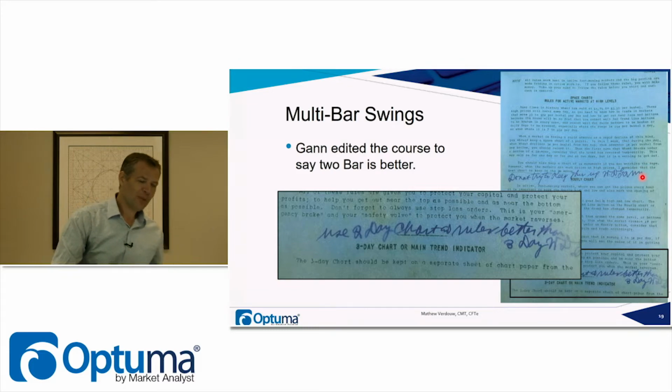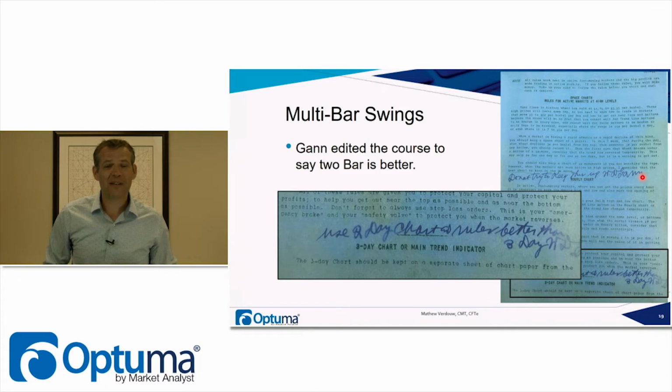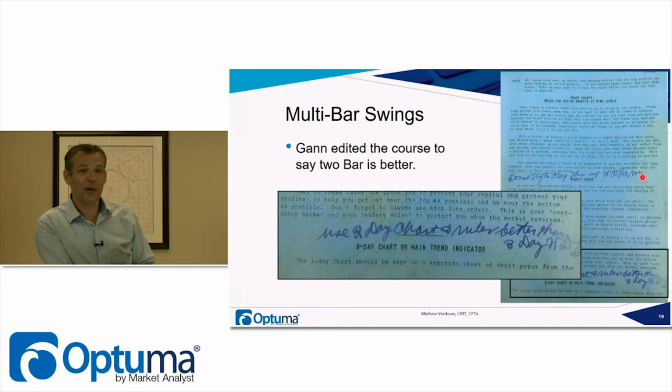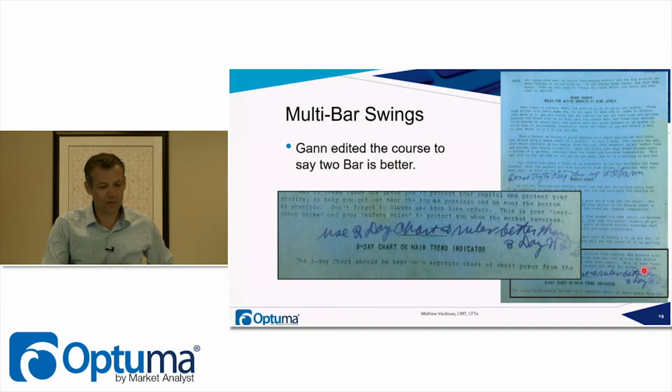Now, probably back in the 20s and 30s, the market wasn't moving so fast, so you could probably hand chart a swing chart on a 1-cent chart. But even by the time he sent this to Joe, he just said, don't try to keep this up, it's obviously just too much work. But nevertheless, this one down the bottom of the page, I've called it out here. He's talking about using 3 bars.